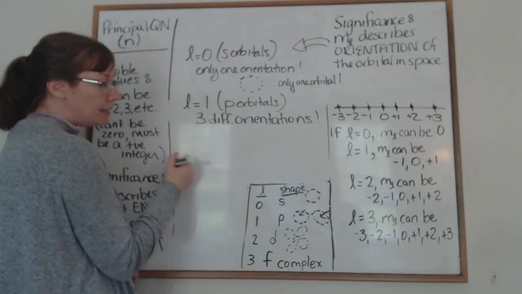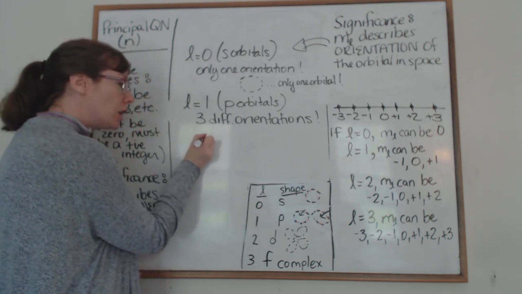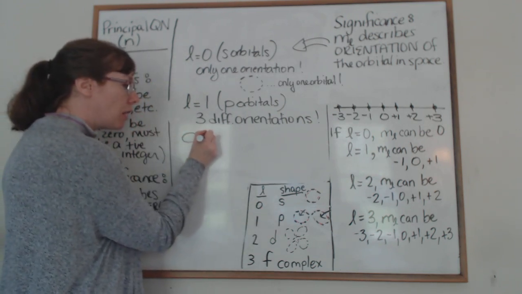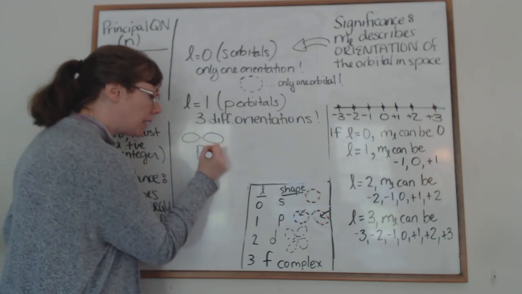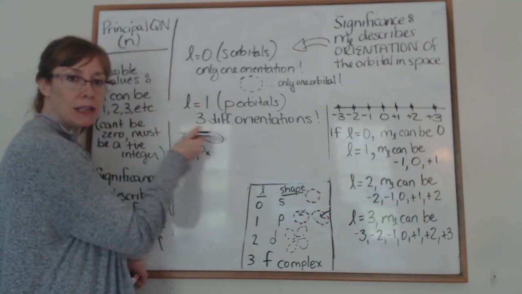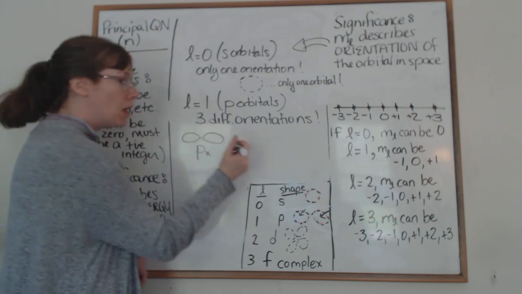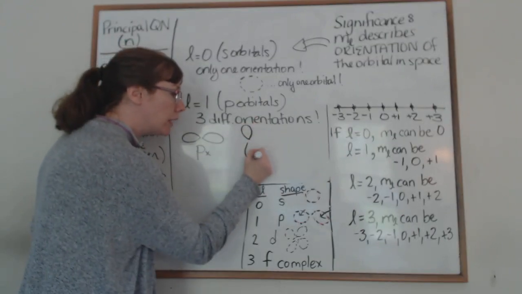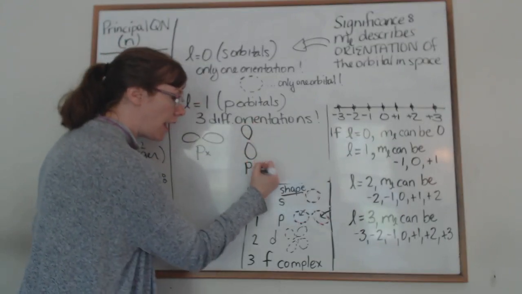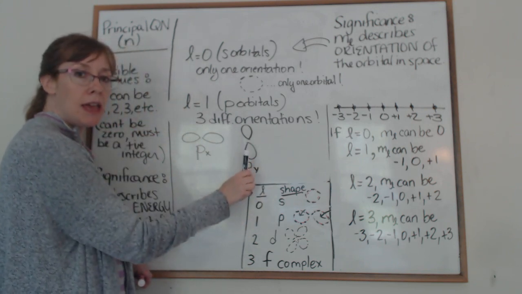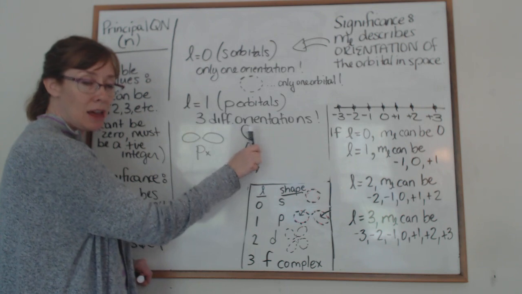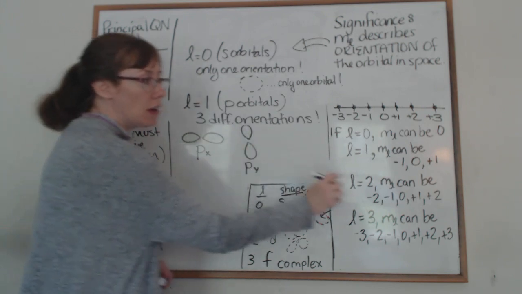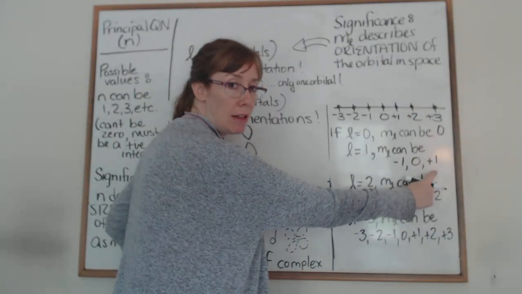And what that means is that whenever you have p orbitals, you always have 3 of them oriented in different directions. You get one which is called the px orbital, which is oriented horizontally on the atom. You get another one which is oriented vertically on the atom. That's the py orbital. So they're the same shape, they're the same size, but it's a different orientation. It comes from the fact that there's 3 different ML values.